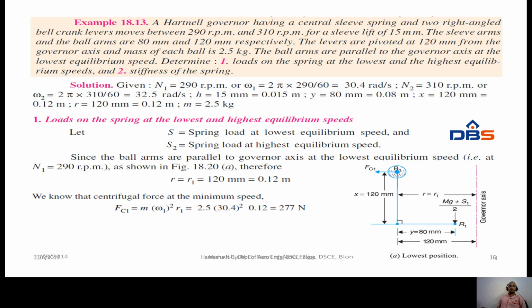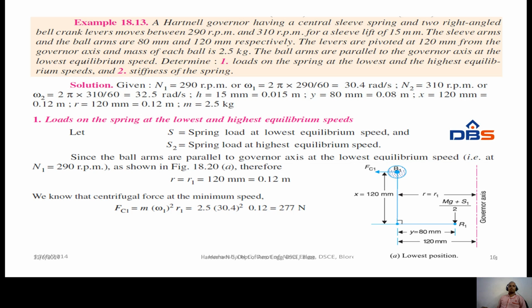What we need to find out is the loads on the spring at the lowest and highest equilibrium speeds. Let S1 be the spring load at the lowest equilibrium speed, and S2 be the spring load at the highest equilibrium speed.